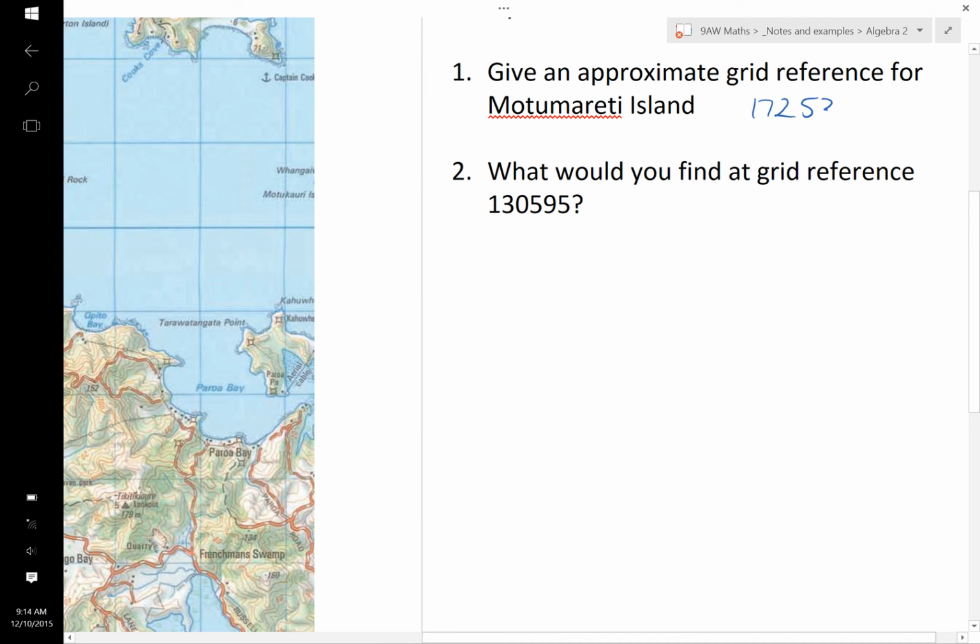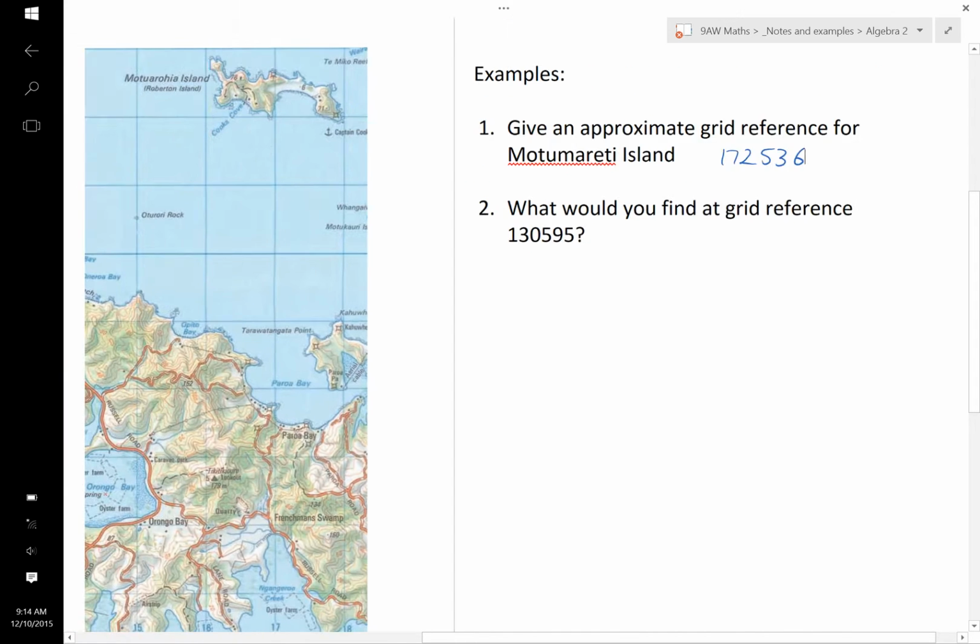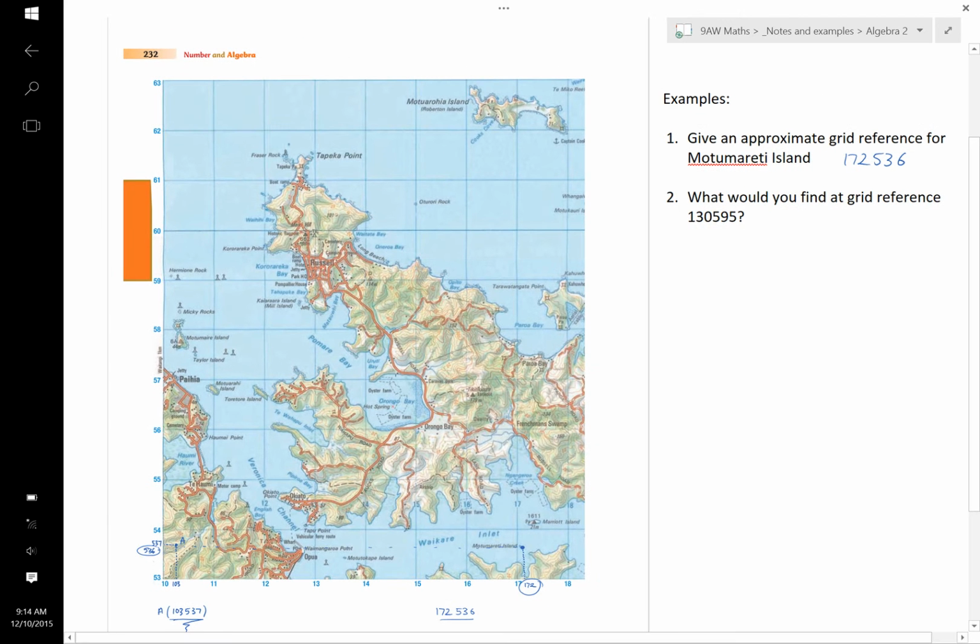Okay, the next question is saying, what would you find at the coordinate 130, 595? So 130, there's 13, so 130 is going to be right on that line.